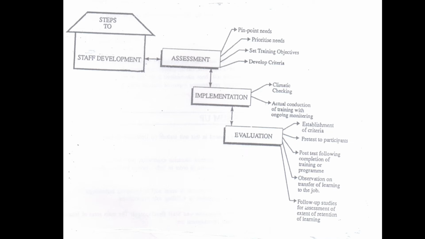Then evaluation comes: establishing criteria, then pre-test to the participants, post-test after completion of the training program, then observation of the transfer of learning to the job, by written demonstration, simulation or skill performance. Then follow-up studies for assessment of the extent of retention of learning, for long-term periods, using any method. They can get feedback from the participants. So these are all the simple steps coming under the staff development program.